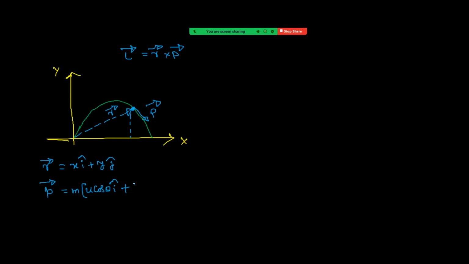Coming to the vertical, it is u sin theta minus gt, along j cap.